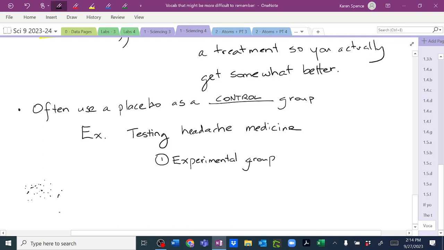So we have an experimental group and they get the actual medication being tested.